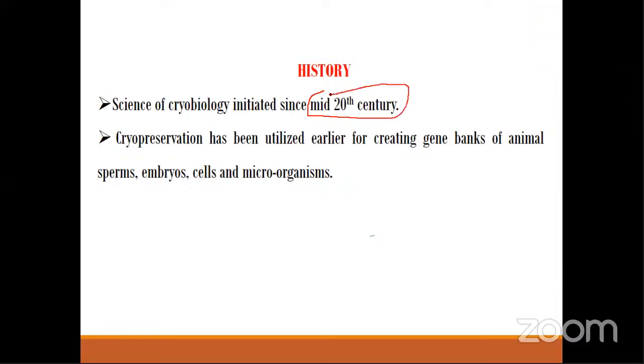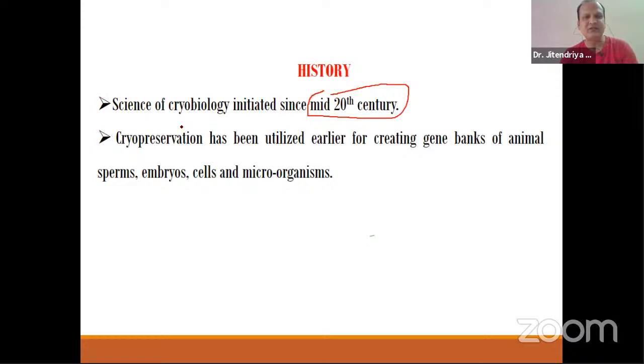Cryopreservation is generally utilized to store different substances, including animal sperms, embryos, cells, or microorganisms, which are required further in due course. Keeping this in mind, they wanted such gene banks, and for that reason they go for this cryopreservation technique.